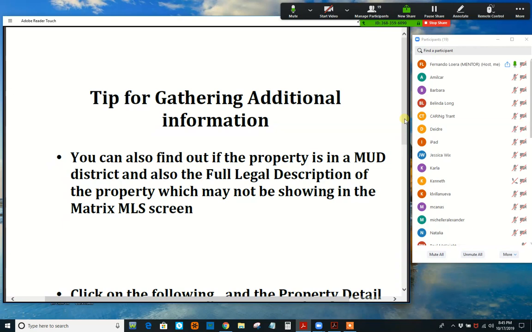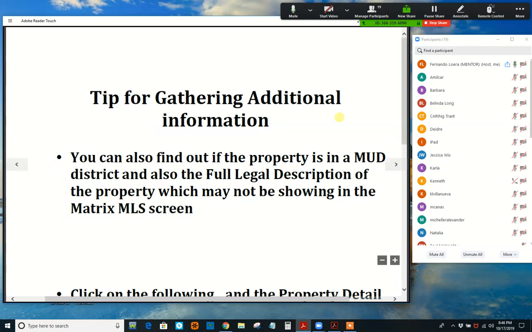But I also noticed that sometimes Matrix MLS doesn't show you the full legal description, and that's really dangerous, especially when you're putting it in a contract. The contract has to spell out the full legal description word by word, hyphen by hyphen, semicolon by semicolon. If it's very long, yes, you have to copy that whole long string.